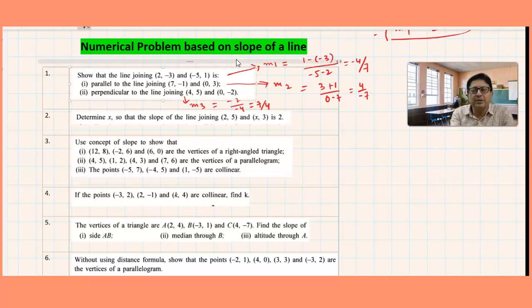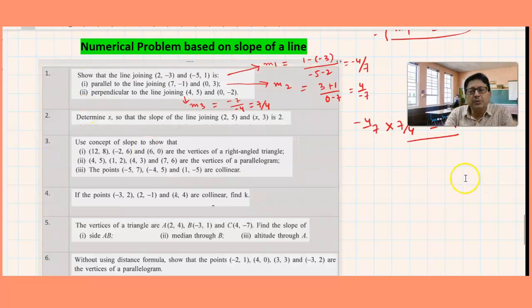What way? Because the product of slopes -4/7 into 7/4, the result is -1. Okay? Since product of slopes is -1, the line segment joining first and second will be perpendicular to the line segment joining third and fourth. Alright?